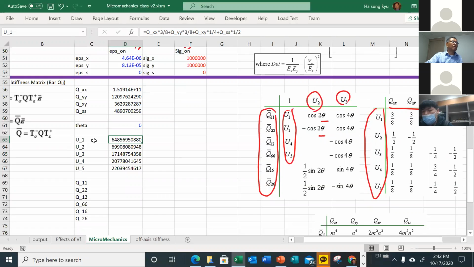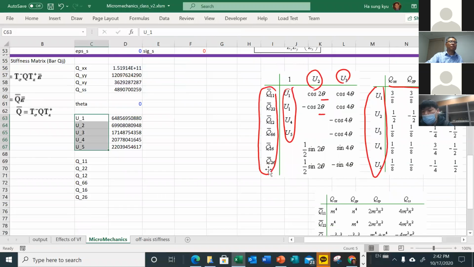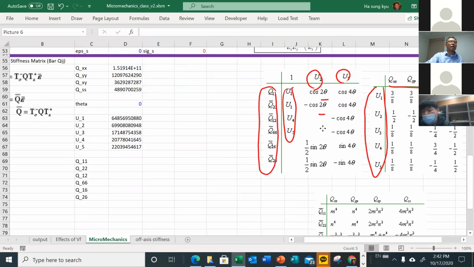Okay, so this will be the definition of U. Again, this U1, 2, 3, 4, 5 are called invariant. Invariant means that they don't change over the coordinate system. Now Q, 1, 2, 3, 4, and these 6 terms, we will follow these tables.